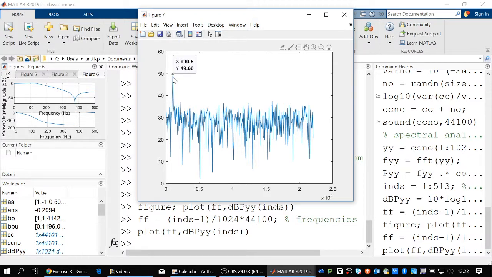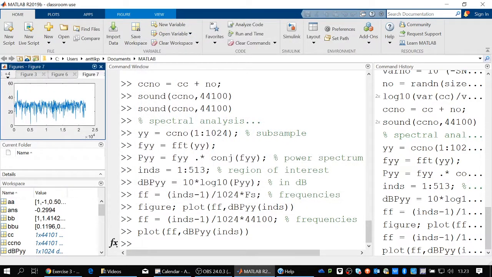Here we have the signal starting around 990 hertz. How come? It's supposed to start at 1000. Why do we have some spectral component here at less than 1000? Any guess? The spectral resolution.